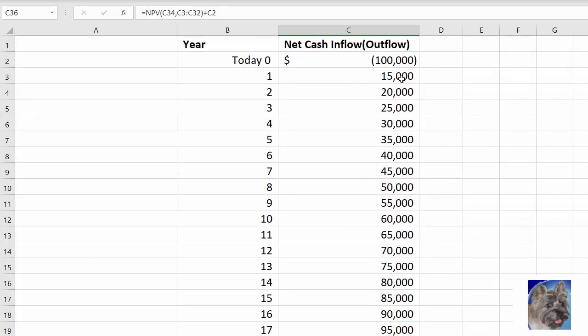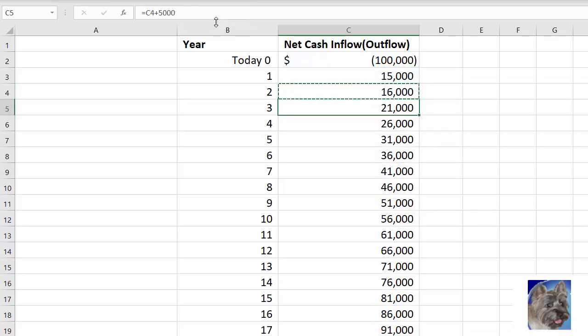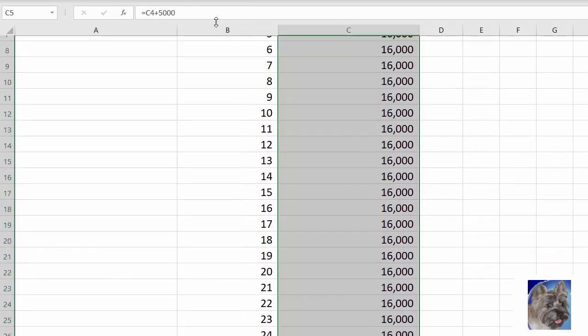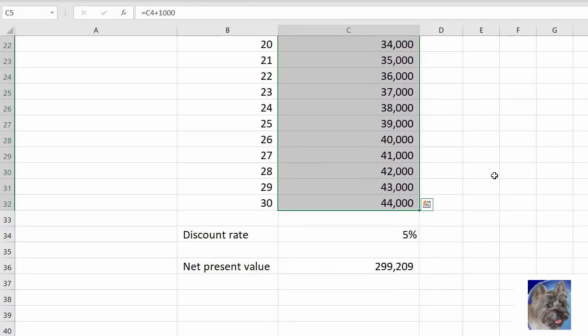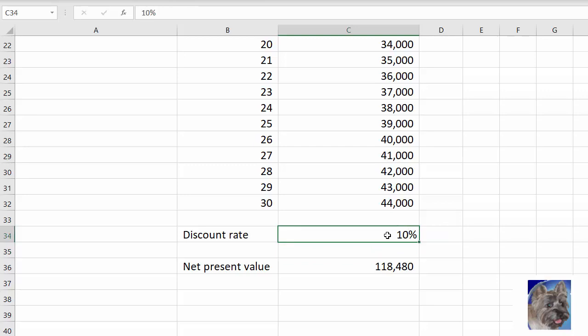What if instead we made this 15,000 the first year, and then every year it just increases by 1,000? If I do that and copy this down into all of those cells, we would come up with a much lower present value. And then, of course, if the discount rate was 10%, then the net present value goes even lower.